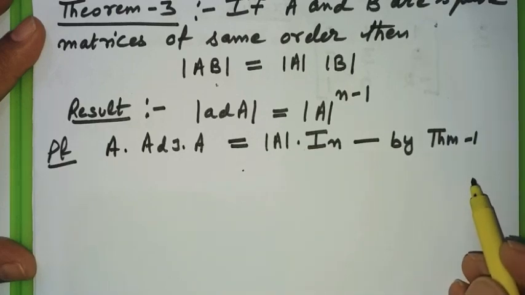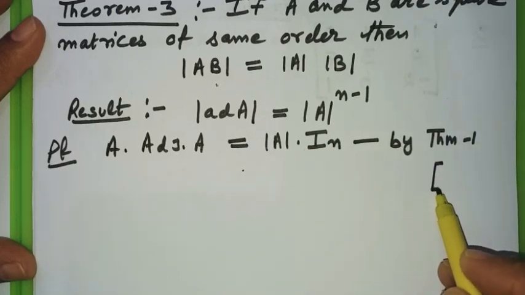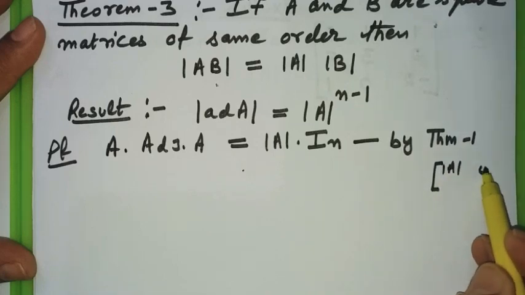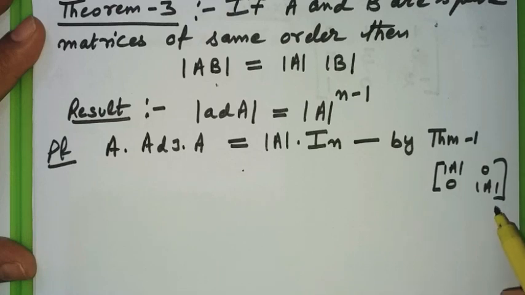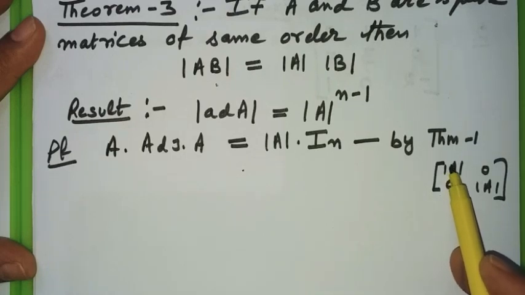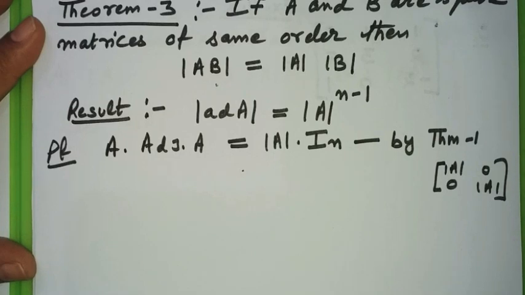In rough, suppose you are dealing with a 2 by 2 matrix, you are going to get this type of position. If you are dealing with a 3 by 3 matrix, you will have diagonal elements as determinant of A and the rest of the elements will be 0. Let me show it for a 3 by 3 matrix.